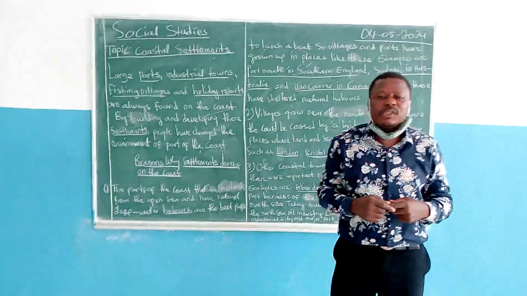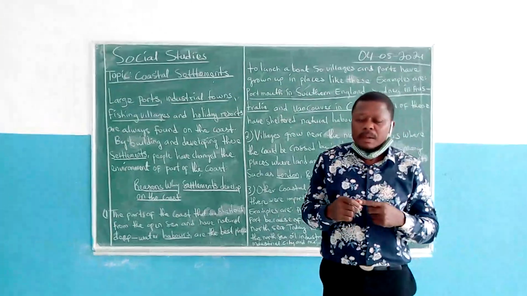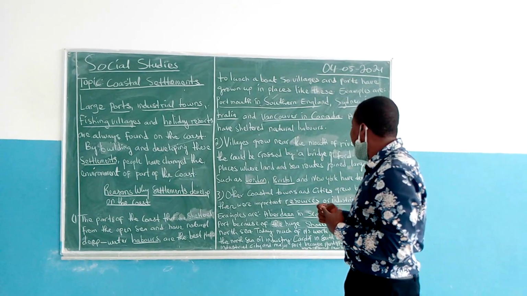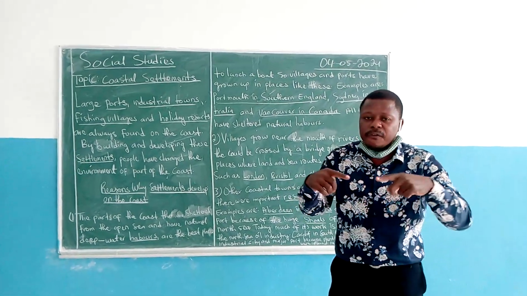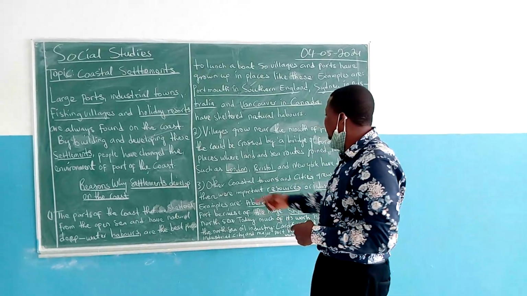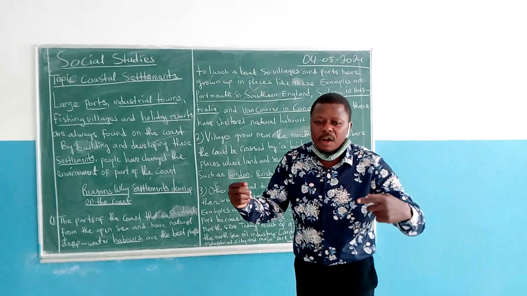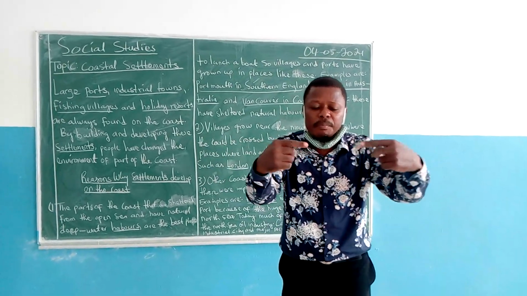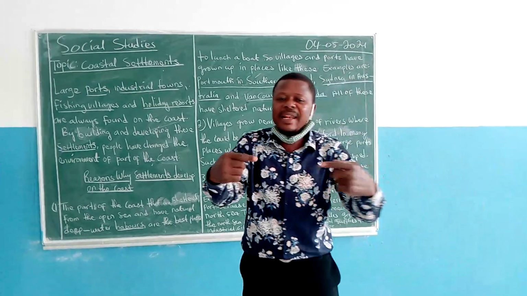An example of such a place is New York City. It's an example of a city that has grown because of the joining of land route and sea route. Another one is London, which has developed because there is the join between the land and the sea route.